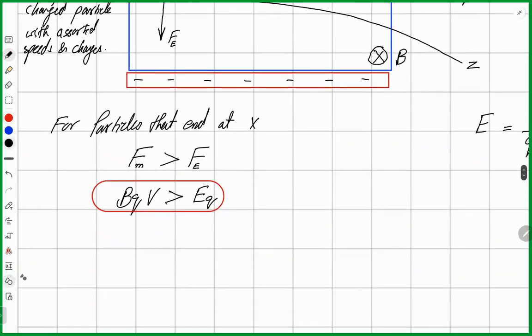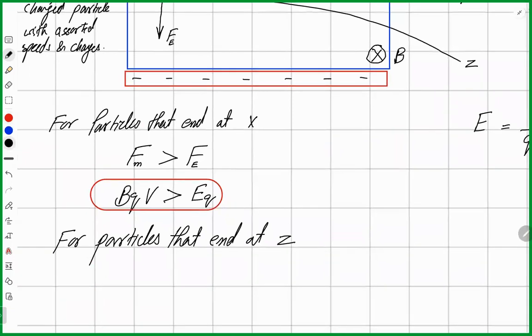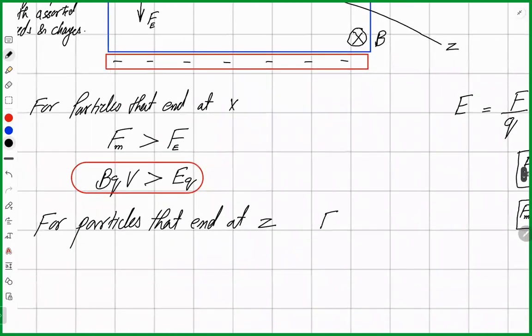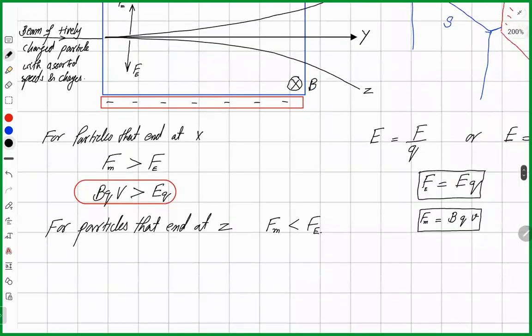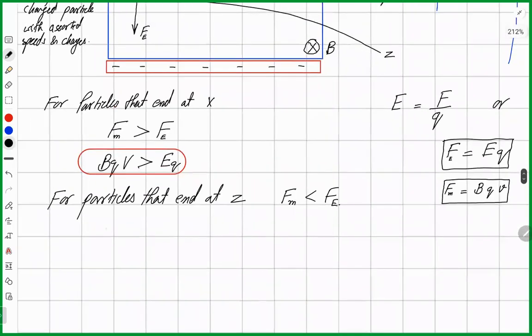Now, for particles that end at Z, the force due to the magnet is less than the force due to the electric field. The force of the electric field is stronger than the force of the magnetic field. So BQV is less than EQ.